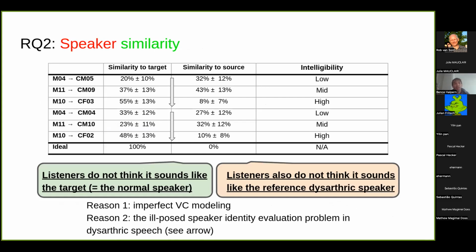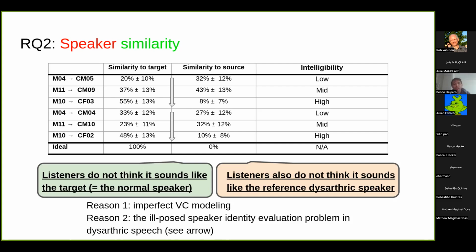With the speaker similarity experiments, we had these results where the listeners did not really think that it sounded like the target speaker, and also did not really think that it sounded like the source dysarthric speaker. And there are two reasons for this. The first reason is that we had imperfect VC modeling. That would be the most obvious reason.